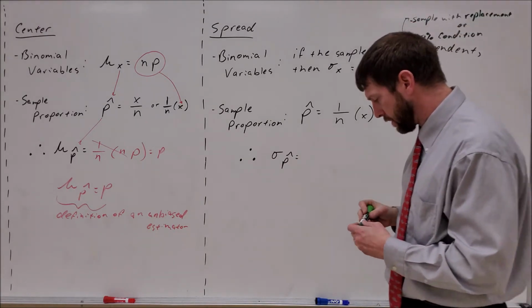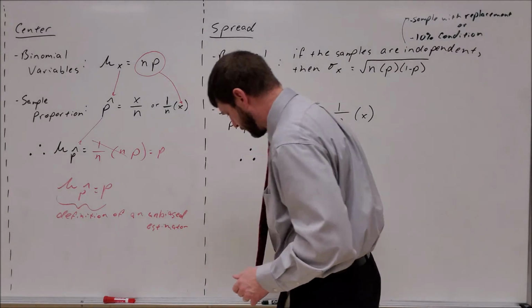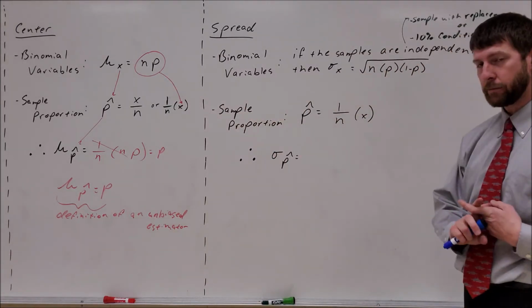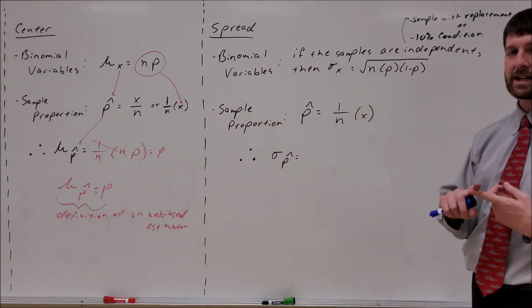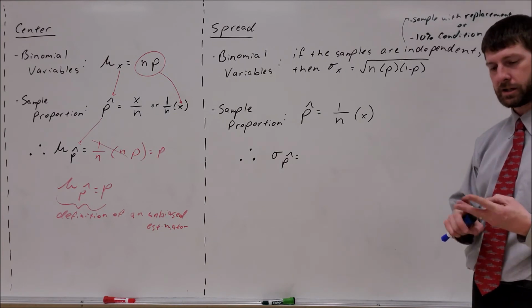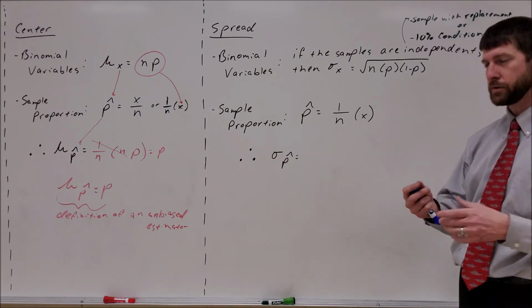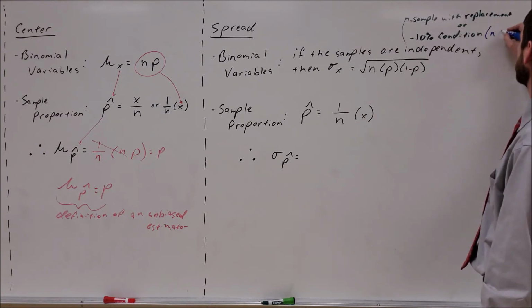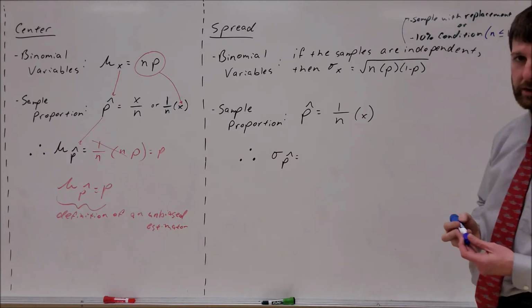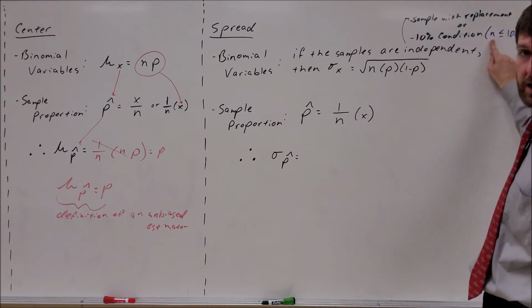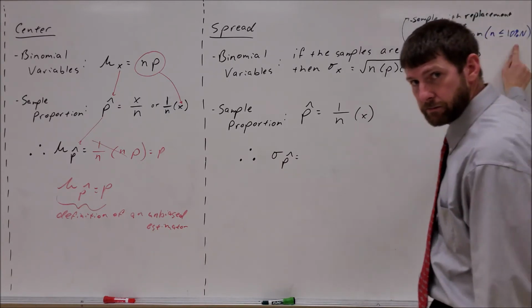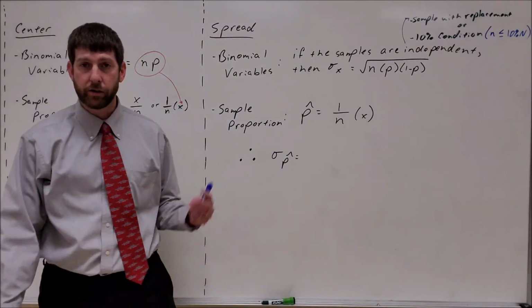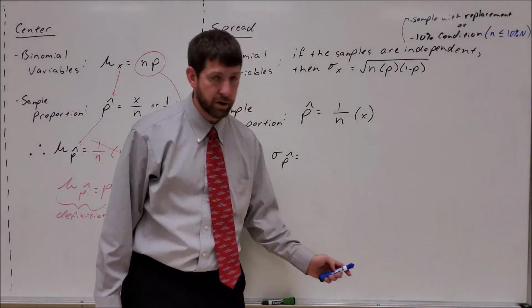If you guys remember, the 10% condition said in our binomials, if the sample is less than 10% of the population, then we can consider our samples independent. So that's nothing more than n is less than or equal to 10% of capital N. Sample size less than or equal to 10% of the population. So that's the way we want to show independence.